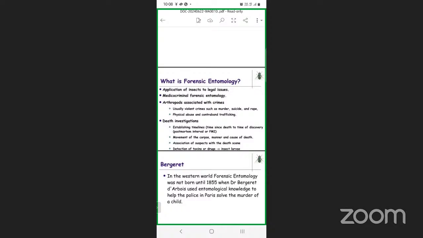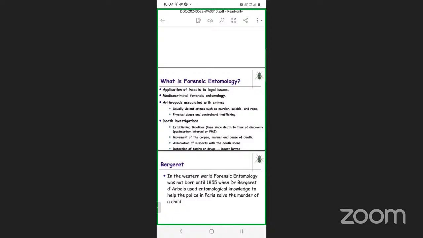So physical abuse and controlled trafficking. So there will be death investigations regarding these things. For this, we are establishing timelines like postmortem interval or PMI, movement of corpse, manner and cause of death, association of suspects with the death scene, and detection of toxins or drugs in insect larvae.